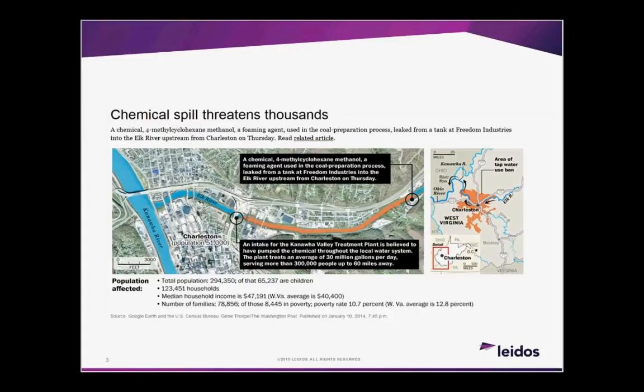On January 19th, in the morning, about 8:15 or so, Charleston residents noticed a sweet smell in the air, and the West Virginia Department of Environmental Protection began receiving odor complaints from Charleston residents.